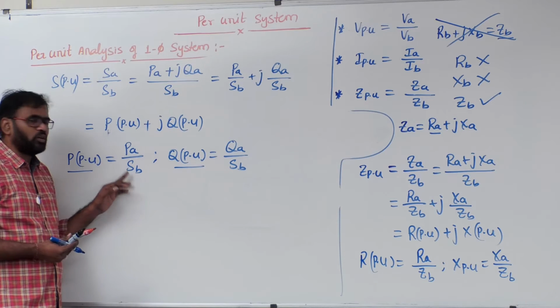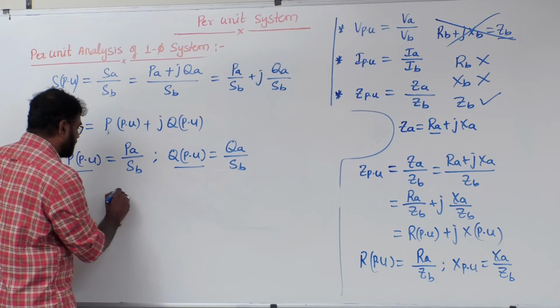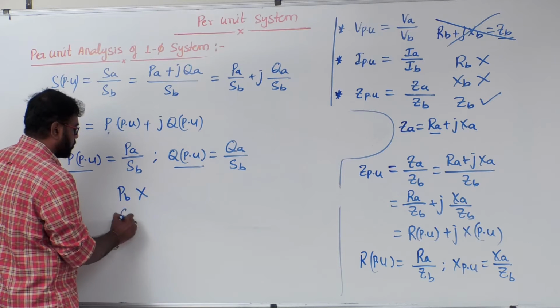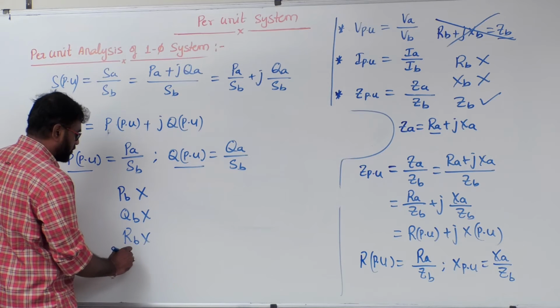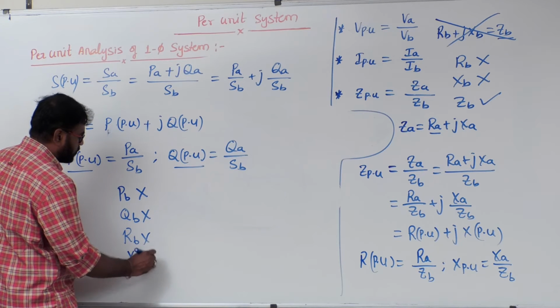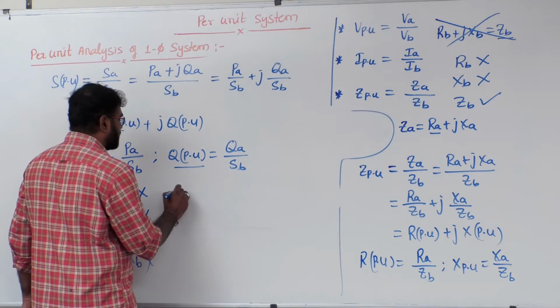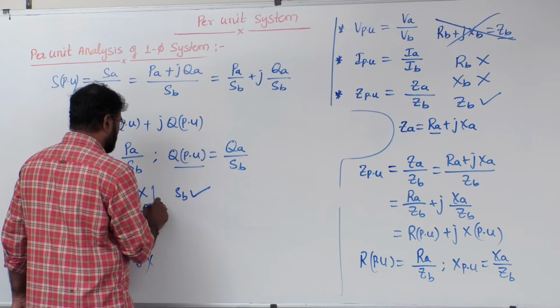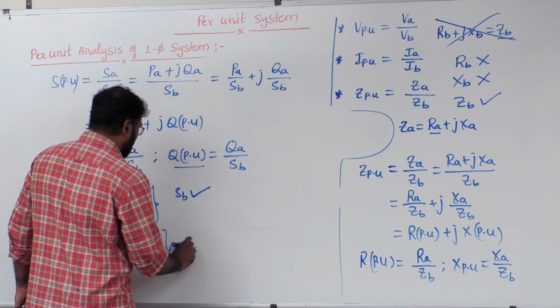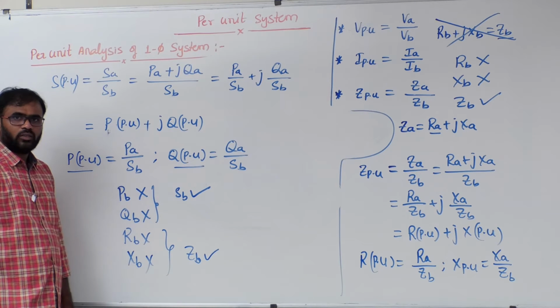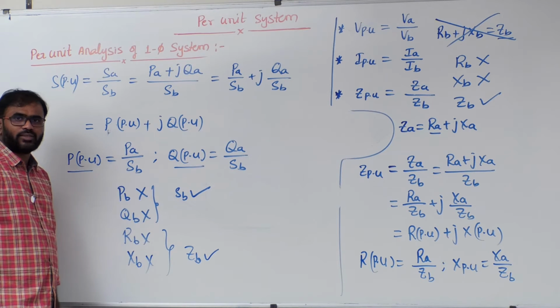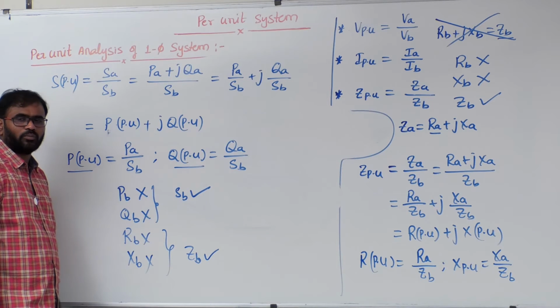Again I am saying P base does not exist, Q base does not exist, R base does not exist, X base, reactance base does not exist. What exists? S base will exist, and Z base will exist. So that's about the per unit analysis of single phase system.